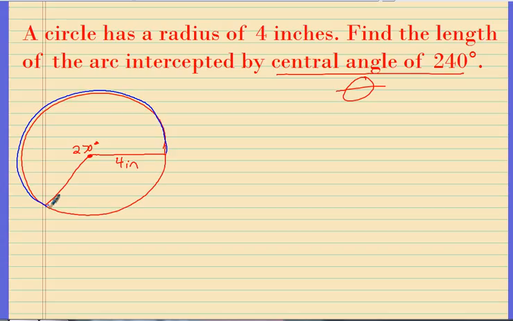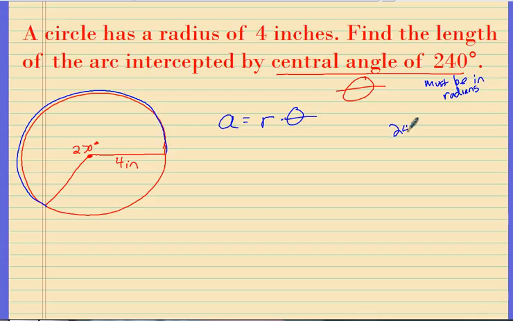Okay? So I have a formula. My formula is A equals R times theta. The only problem is what? I don't technically know theta. Because theta is 240 degrees, but theta has to be in what? It must be in radians in order for me to use that formula. So we got to do a little bit of side work.